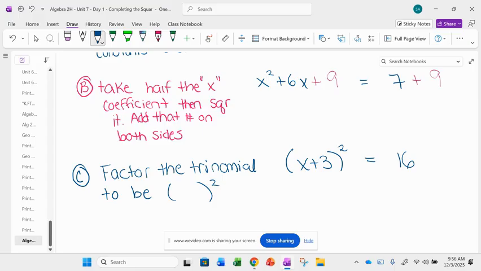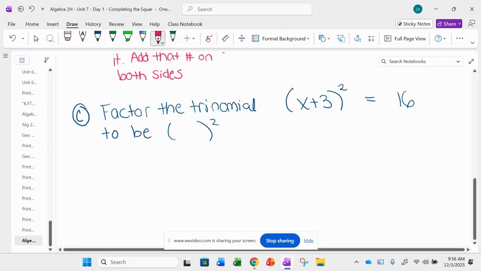All right, now what's going to happen? We're going to end up with a square, some quantity squared equals a number. We can solve by the square root method. So step D, we're going to say solve by square root method.